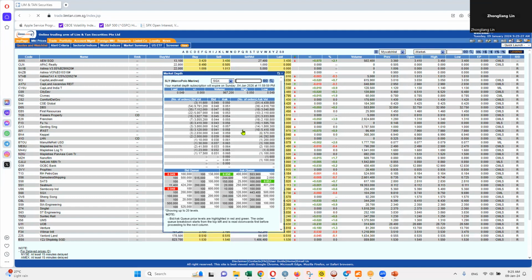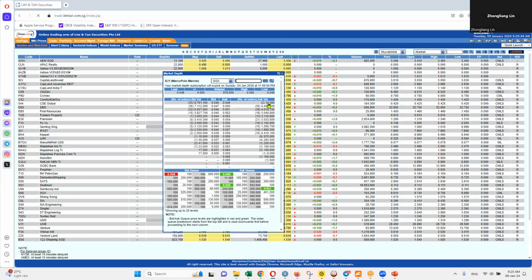So if the stock for some reason moves up, it might hit 58. But then again, you see now they are trying to do something again. You see now the 49 queue changed again. So it's like creating a demand for 49.